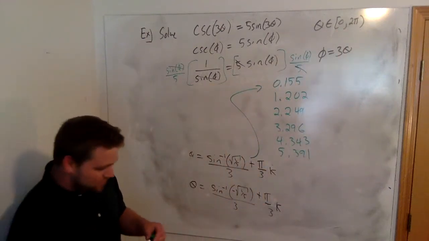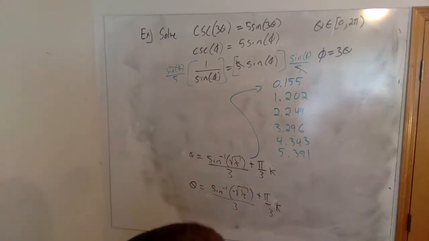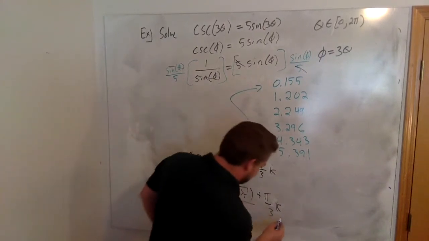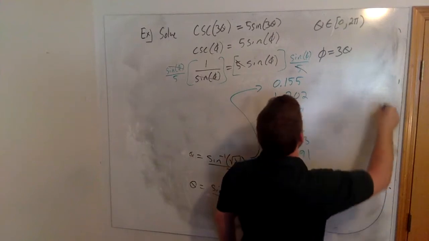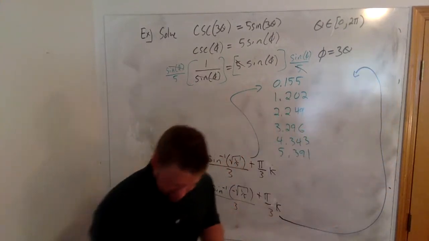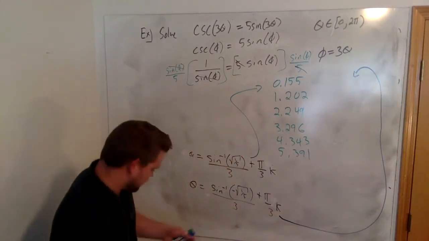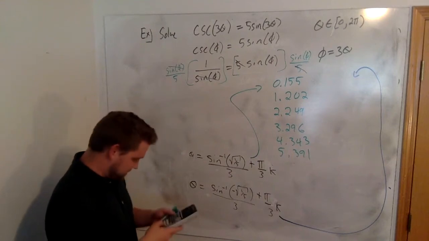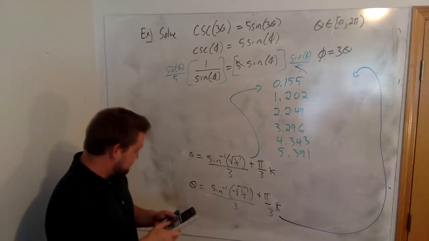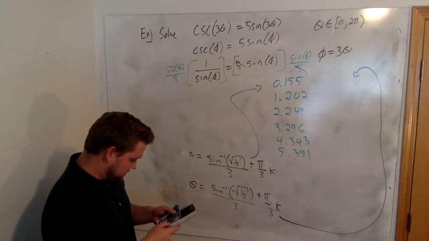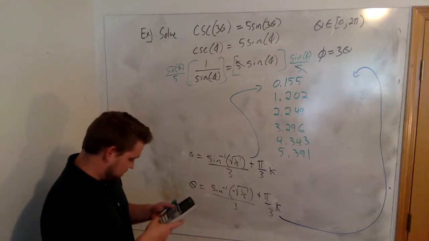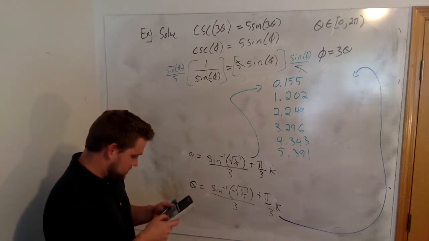Okay, but there's more because we've only written down half of them. So now we have to do it with this one. Okay, same exercise. So let's type in the sine inverse of negative the square root of 1/5.